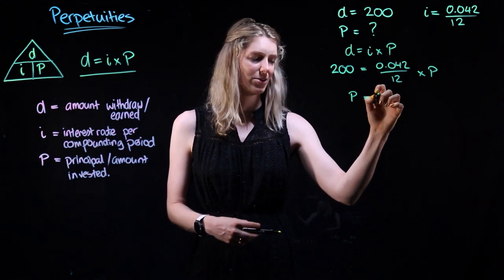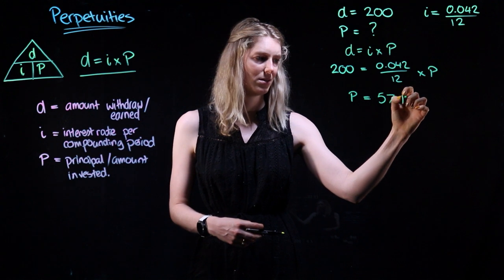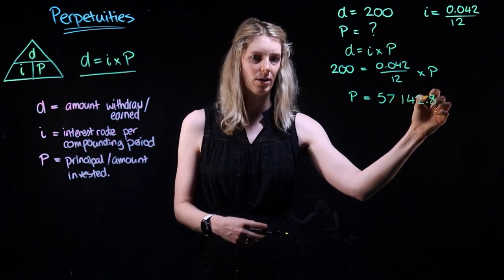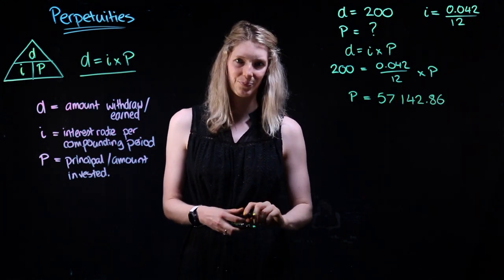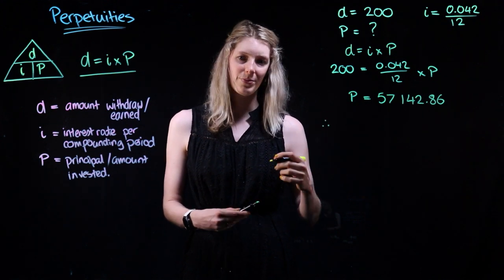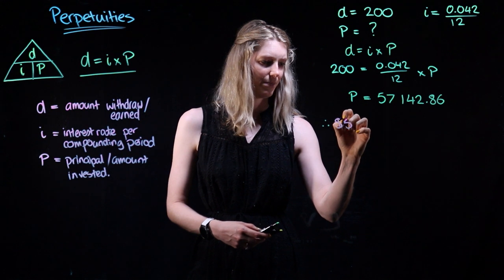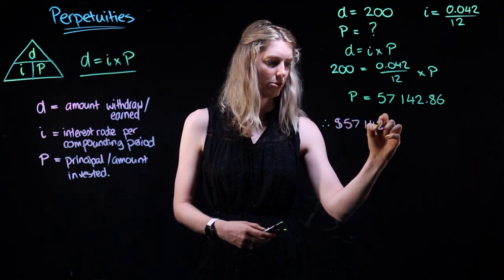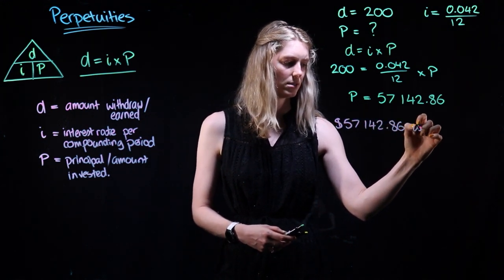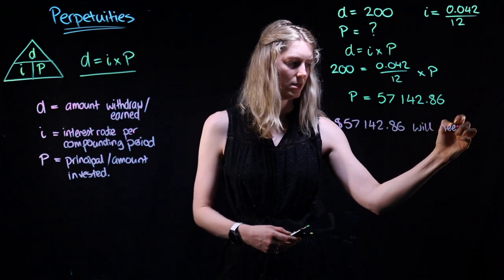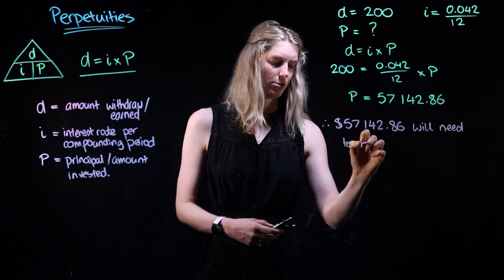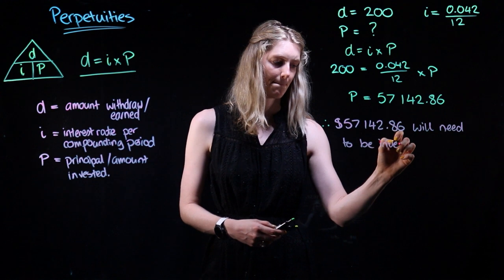So it would have a P value of 57,142.86. So therefore, for this example, $57,142.86 will need to be invested.